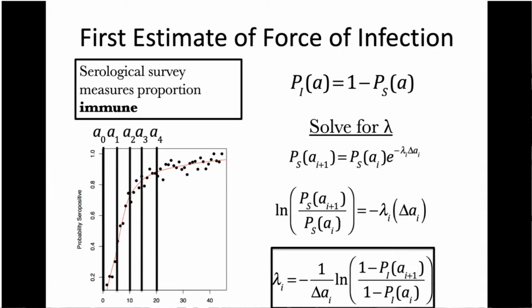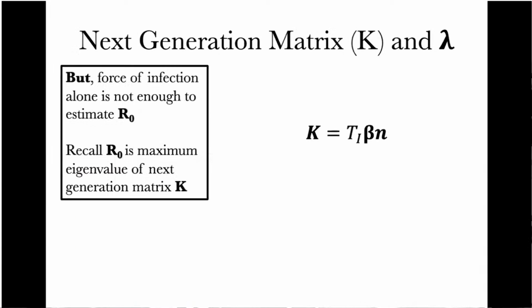This was just giving an example where it might be different. Now, that's one way you can calculate a force of infection when you have serological data, catalytic model. Then you can use the force of infection to at least obtain age at first infection and roughly get R0 from that.